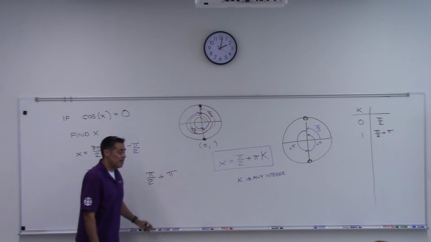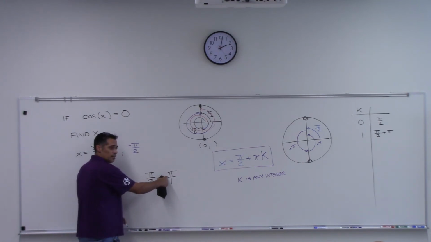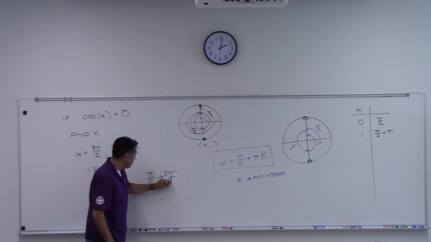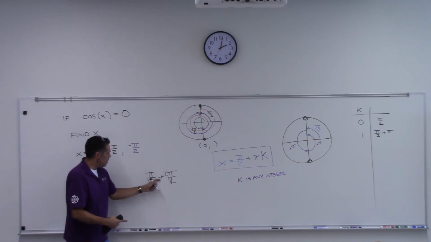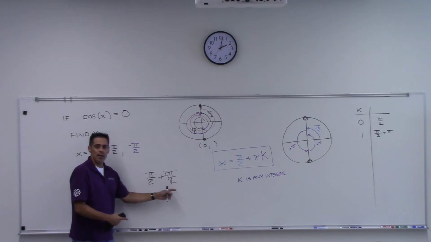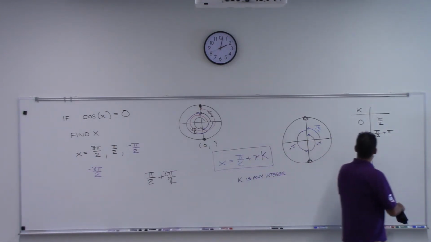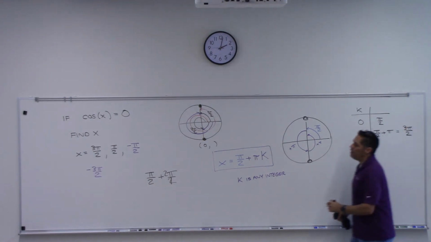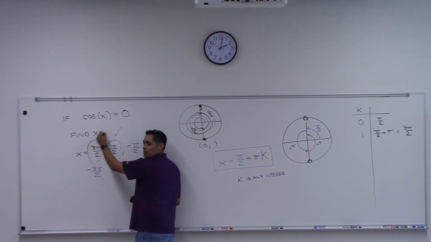You get a common denominator. Pi over 2 plus pi over 1. Multiply the top and bottom of this fraction by 2. What's pi plus 2 pi over the common denominator? 3 pi over 2. So far, I've got those two answers included. Do you see that?